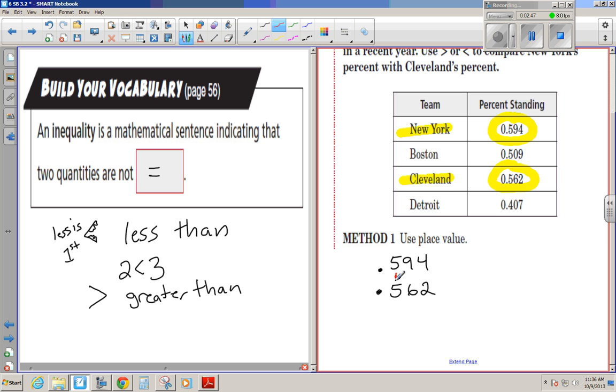So 5, they are the same number. Currently, these two numbers are the same. When we get to 9 and 6, which number is bigger? I hope you're all saying that the 9 is bigger. If the 9 is bigger, then it means this whole decimal is bigger.